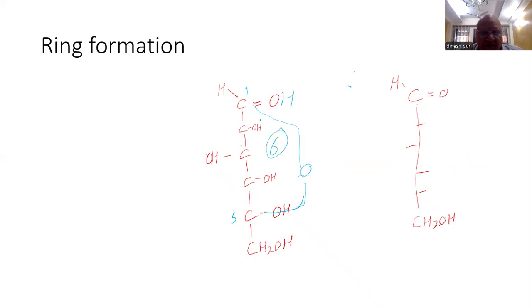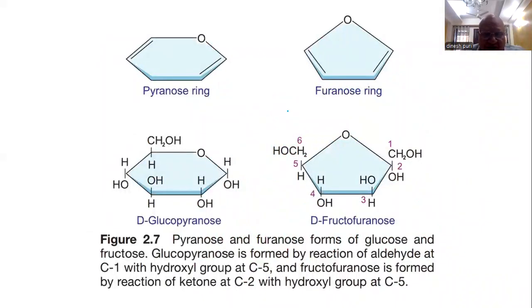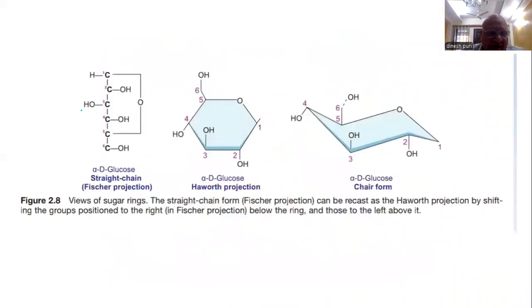Most importantly, C1 has become asymmetric, because now you can see it is attached to four different substituent groups. So C1 has become asymmetric.